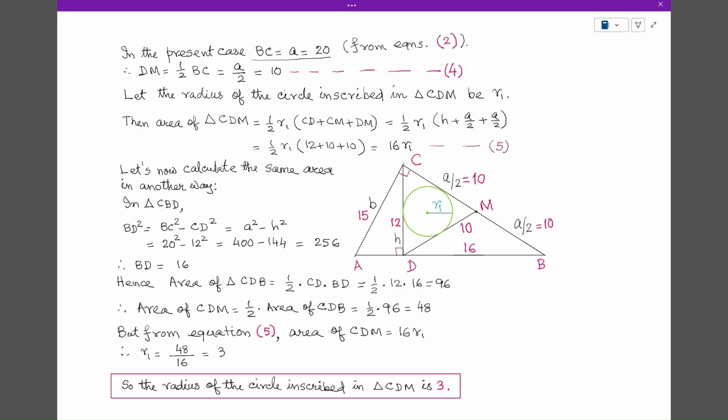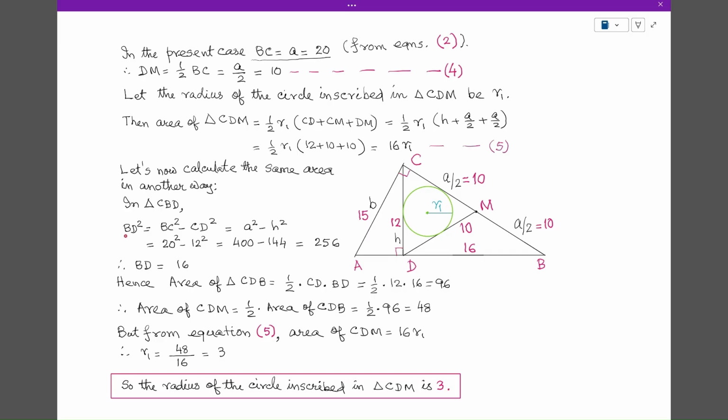Now, let's calculate the same area in another way. In triangle CDB, this is a right angle triangle. This side is 12, this side is 20. Therefore, we can easily find out this side by using Pythagorean theorem.